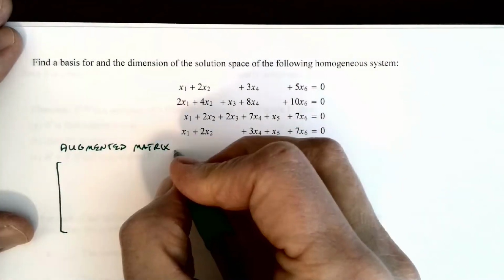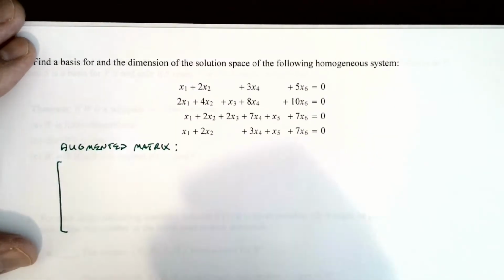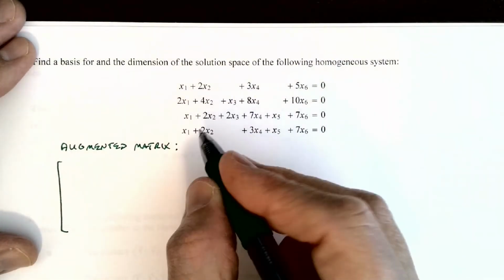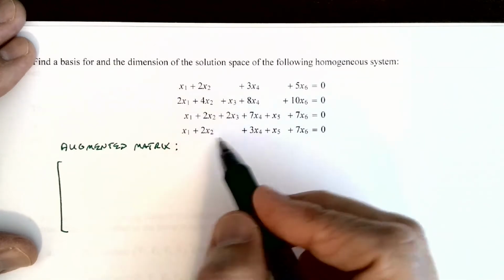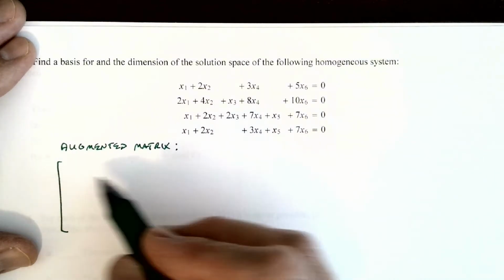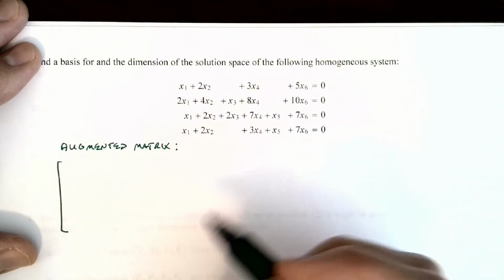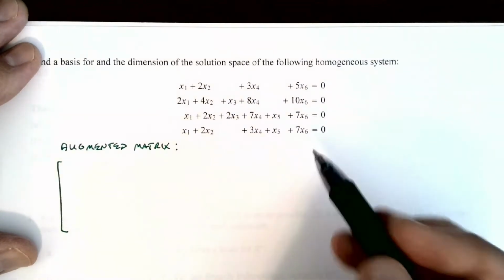In fact, I'll do Gauss-Jordan elimination and put it in reduced row echelon form. Let me get my augmented matrix. Now there's a lot of things going on here. Notice we've got 4 equations and 6 unknowns. That means we're going to have 4 rows and 7 columns, right? 6 for the unknowns and 1 for the constants, which of course are all 0.